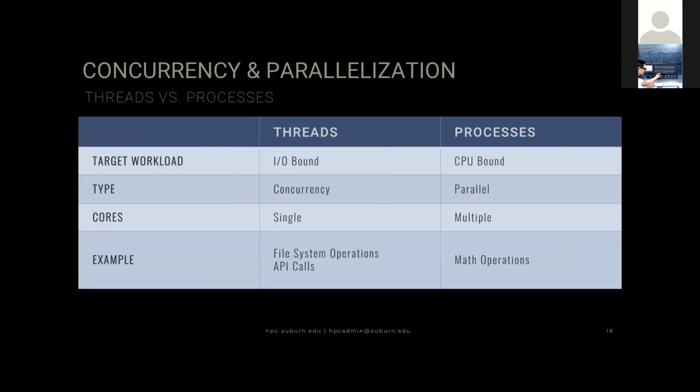So, threads versus processes. The recommendation, according to most documents, including the Python documentation, for when to use threading and when to use actual parallel processes is based on the target workload.